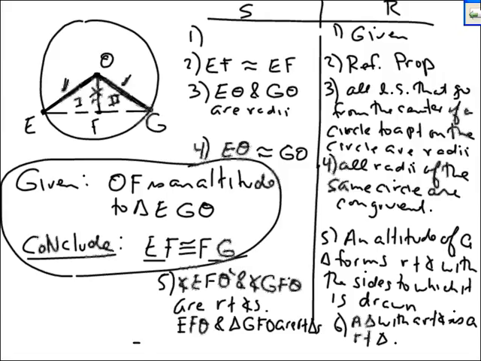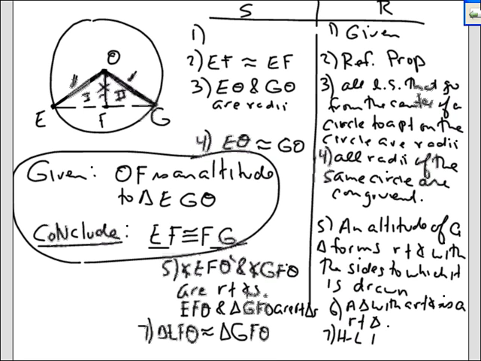Okay, now we can say number 7. We can now say that triangle EFO and triangle GFO are in fact congruent. And the reason is the HL theorem.